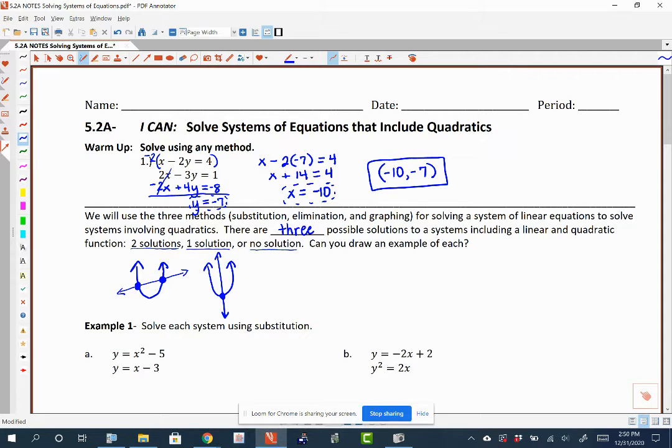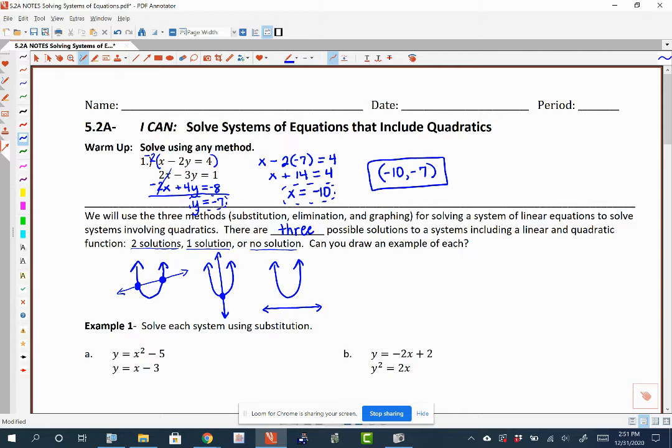No matter how that parabola opens up, it's never going to intersect that line. No solution. Well, we know no solution means they can't ever intersect. So maybe something like this. This line is never going to intersect that parabola.